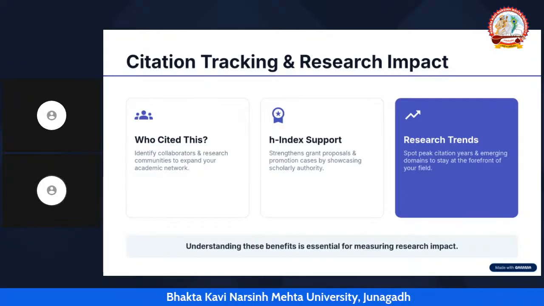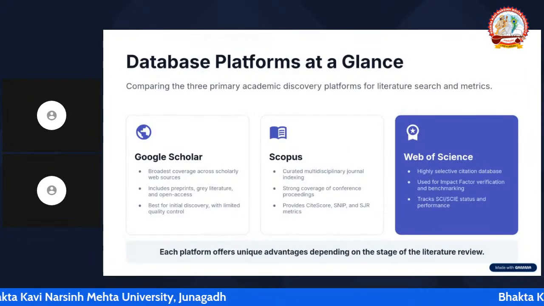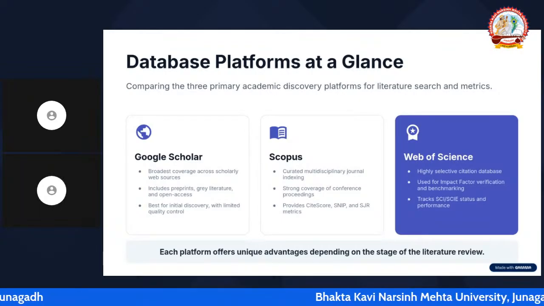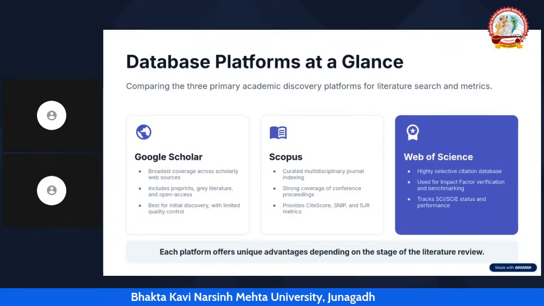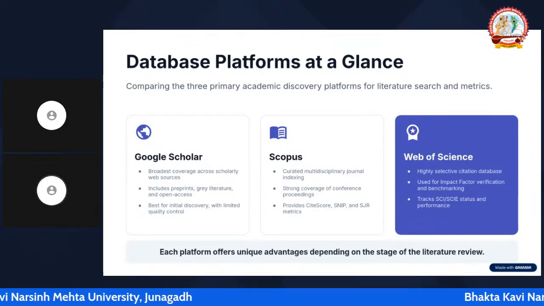H-index support and research trends we can identify with the data set. We have three journal data sets available: Google Scholar, Scopus, and Web of Science. These major data set platforms use documentary repositories.